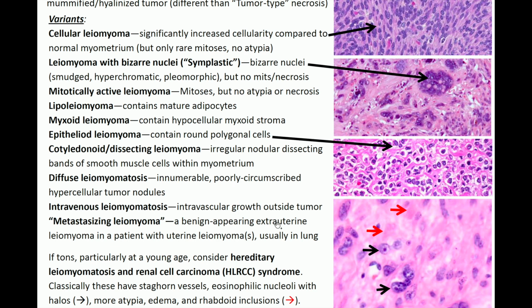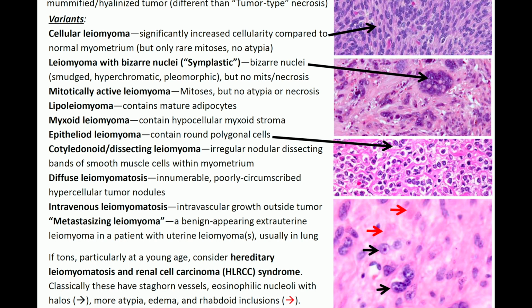Metastasizing leiomyoma is a benign-appearing extrauterine leiomyoma in a patient with uterine leiomyomas. Usually you'll see this in the lung. And if there are tons, particularly at a young age, you might want to consider hereditary leiomyomatosis and renal cell carcinoma syndrome.